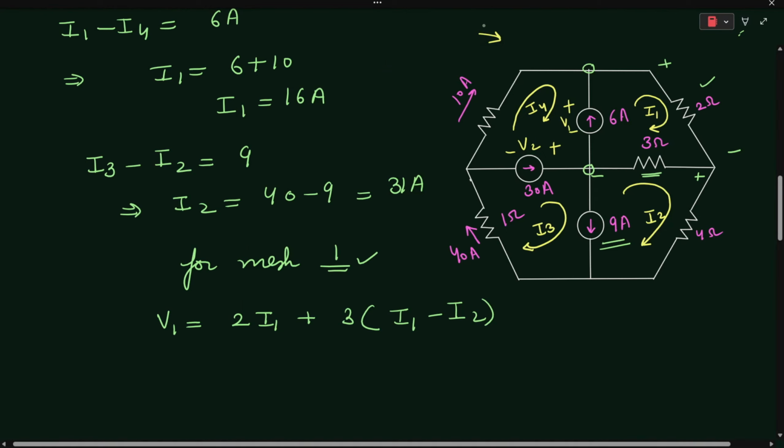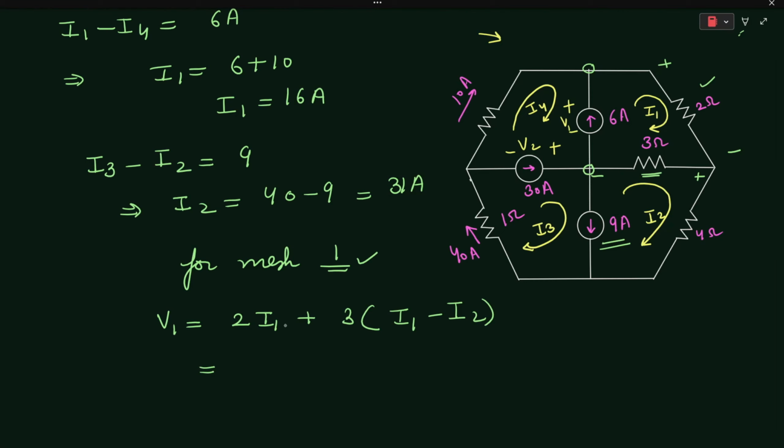On substituting the values of the currents, we get V1 equal to 32 minus 45, which comes out to be minus 13 volts. I hope it is clear.